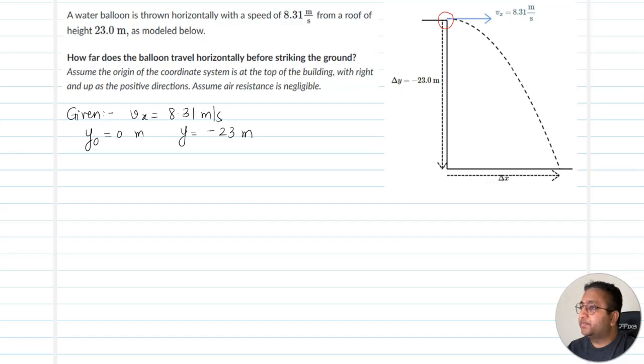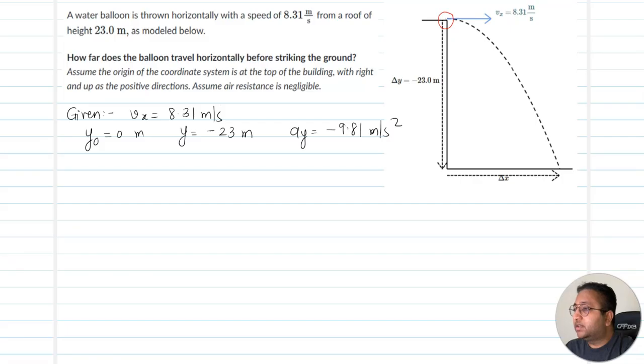Since any distance below the origin will be negative, that's why the final position y is taken as minus 23 meters. Now the acceleration due to gravity ay is minus 9.81 meter per second square. Under normal circumstances, we usually take the acceleration due to gravity as 9.81 meter per second square.